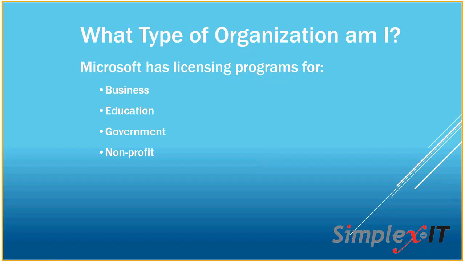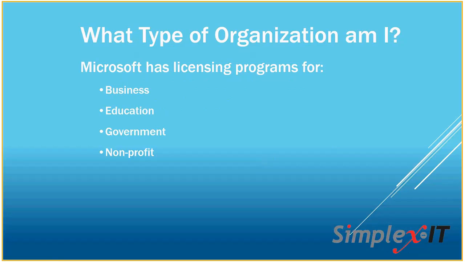If you don't know, everybody is business. However, education has some free and heavily discounted licensing. Nonprofit has ridiculously free and discounted licensing. Government has slightly discounted pricing. So it's the exact same product, although sometimes they give them different names because they can.